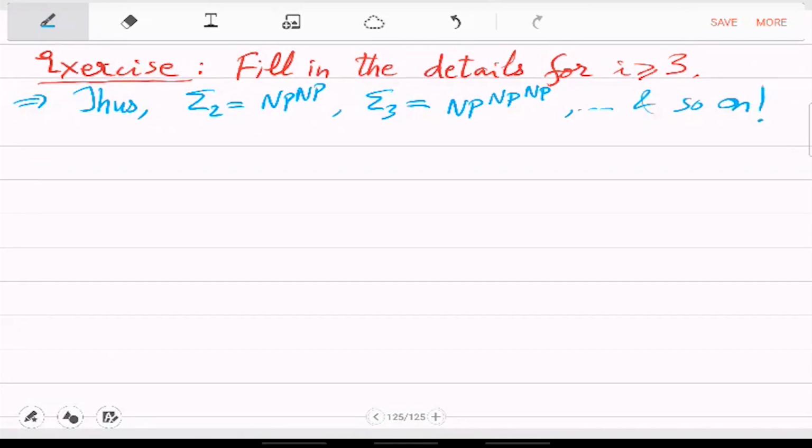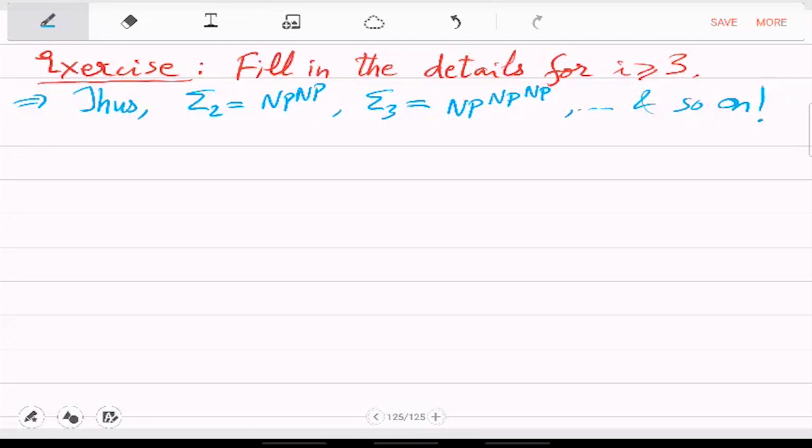Okay, so this looks pictorially better than the first definition of polynomial hierarchy. Okay, this is the hierarchy. Keep putting NP in this tower.